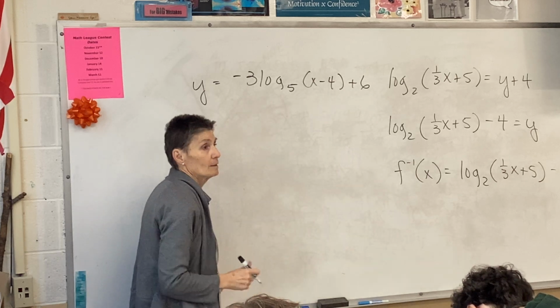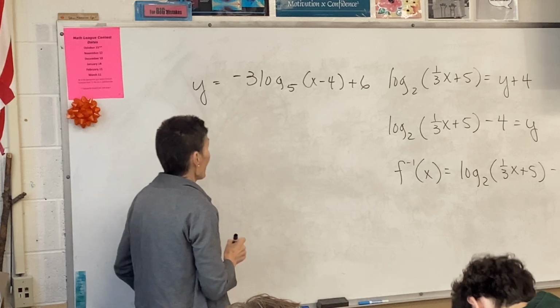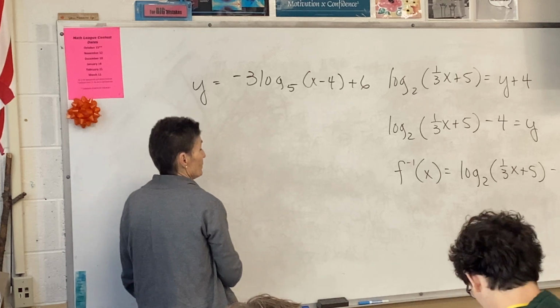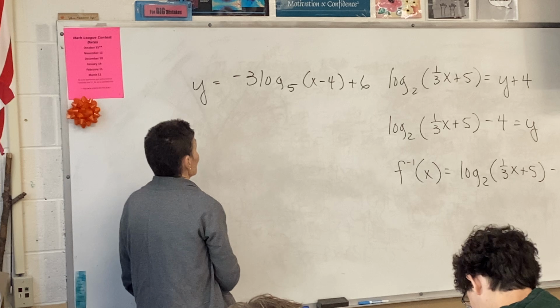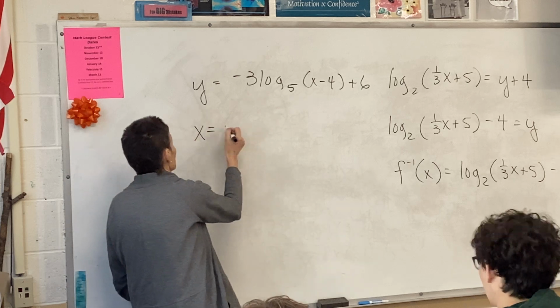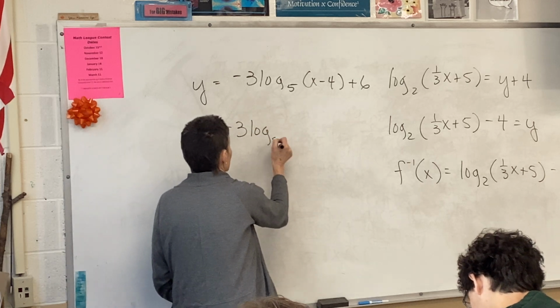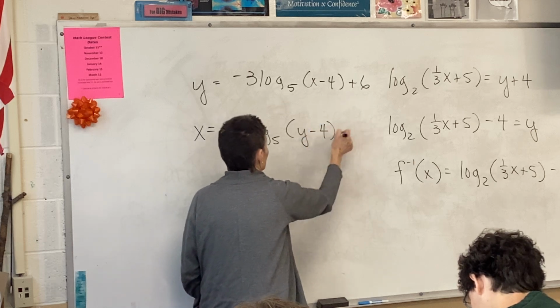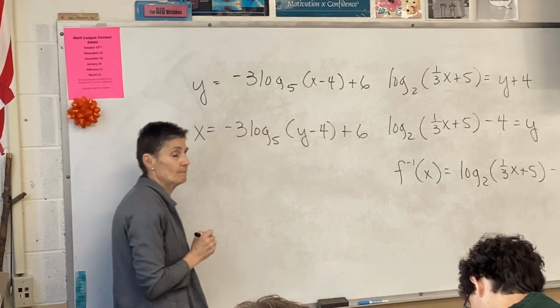All right. What's the first thing you think we're going to want to do here? Replace y with x. Absolutely. You're finding an inverse, and that's exactly what you want to do. Very good.